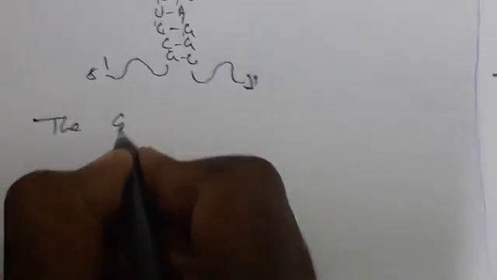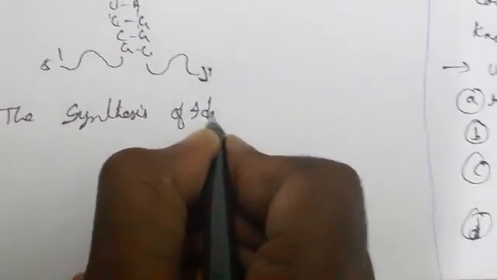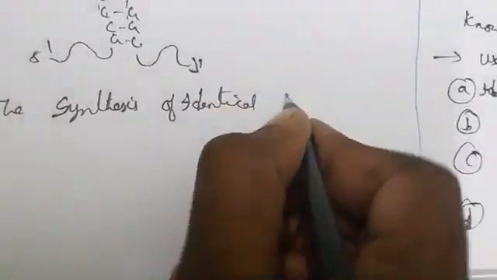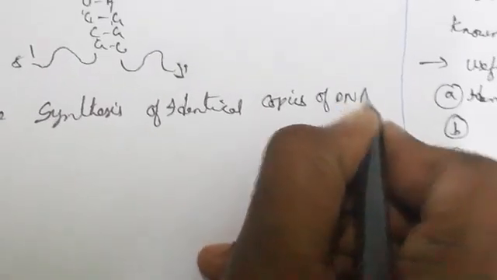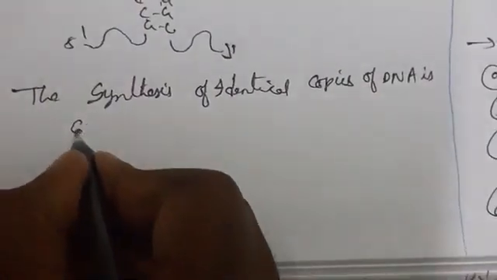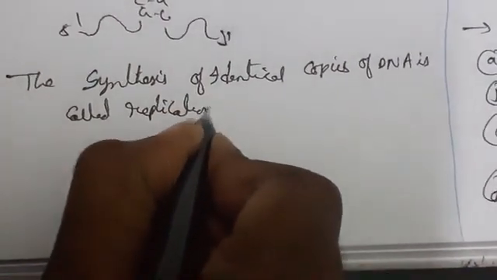And replication is nothing but the synthesis of identical copies of DNA. Nucleic acids control heredity at the molecular level, and the two strands of DNA are complementary to each other.